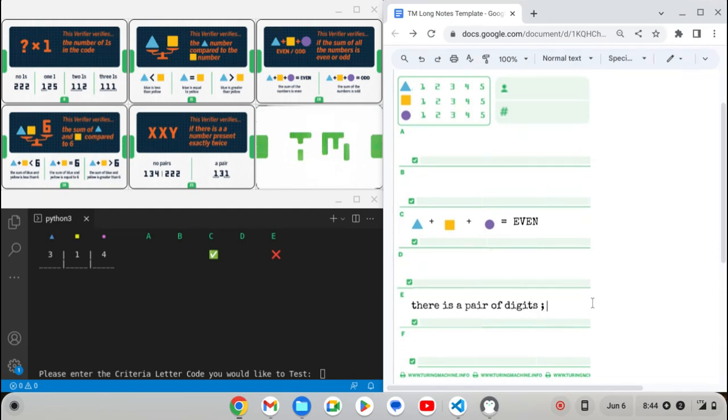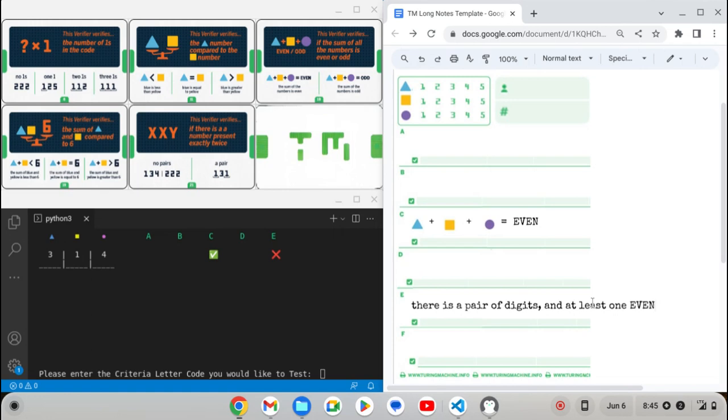And remember that you have to have at least one even. So the pair could either be both odd or both even, but you still need that lone even digit. So there is a pair of digits, and at least, we'll say at least one even. Okay, so again, they could all be even, or you have two odds and an even.